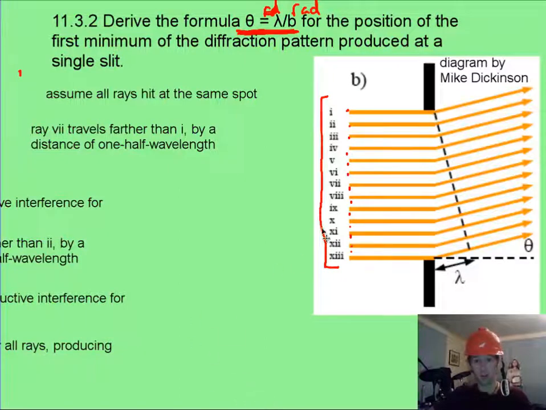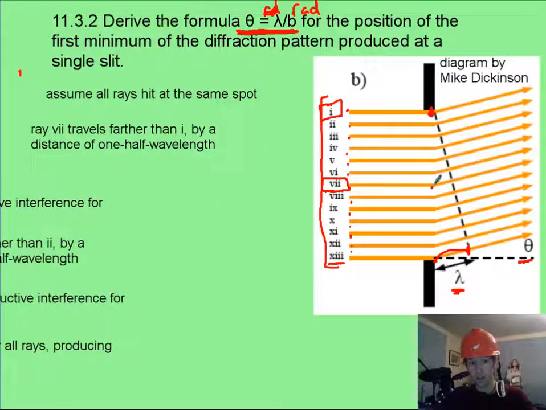For example, we're looking specifically at ray number 7 here and ray number 1. We're at a certain angle, and we're saying that this distance here, if this is a straight line, ray 13 is going to be going lambda, one wavelength, farther than this one up here, because it has this extra space that it has to go to get up there.